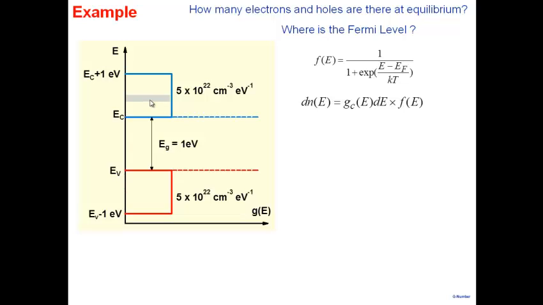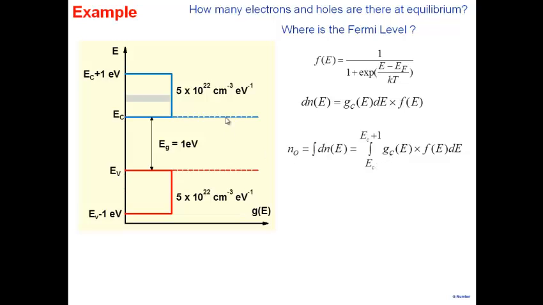And in this energy increment, I have this many states, multiplied by the probability of occupation. So the total number of electrons in my conduction band will be this integrated from EC, the bottom, to EC plus 1. This is the entire one. GC(E), density of states, multiplied by the Fermi-Dirac function.